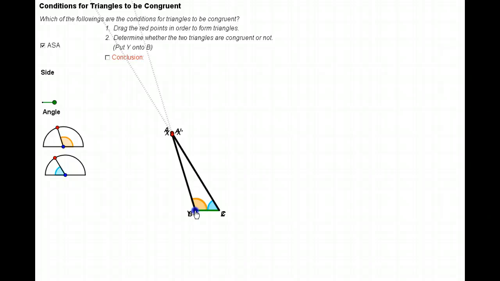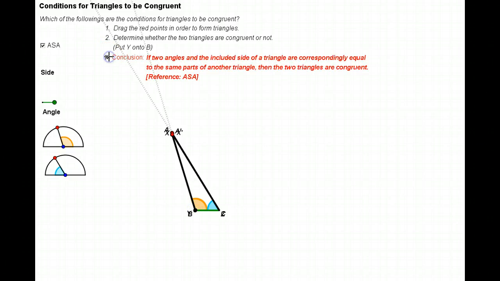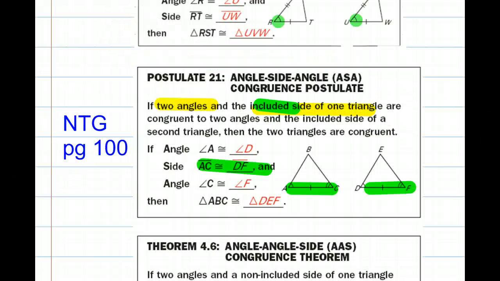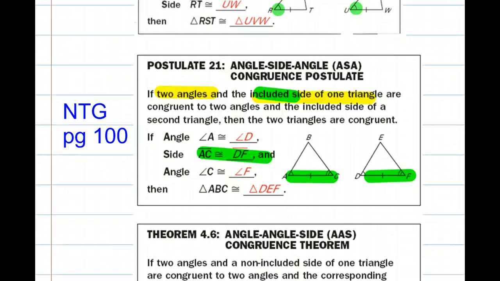These two triangles are congruent. So the conclusion is, if two angles and an included side of a triangle are correspondingly equal to the same parts of another triangle, then the two triangles are congruent. So that shortcut is named ASA for angle side angle. Okay, so we can show that angle side angle is another triangle shortcut.